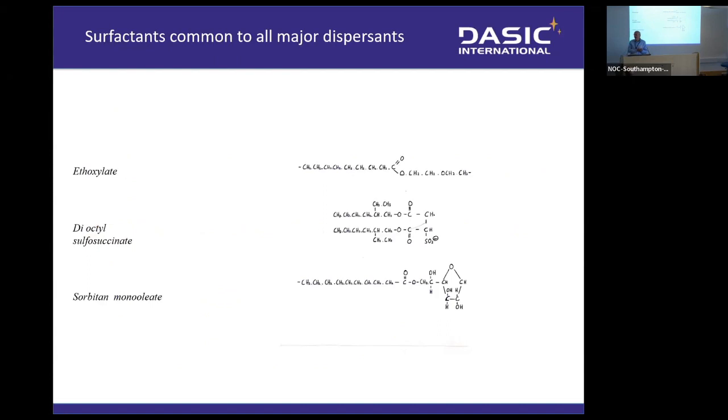Now, the other ingredients, the active ingredients, are surfactants. And this is just a basic diagram of the sort of ingredients that are involved. All dispersants contain what's known as ethoxylates, dioctyl sulfur succinate, often known as docusate, that's its pharmaceutical name, and sorbitol monoaleate. These are common materials to every dispersant meeting modern efficacy requirements.